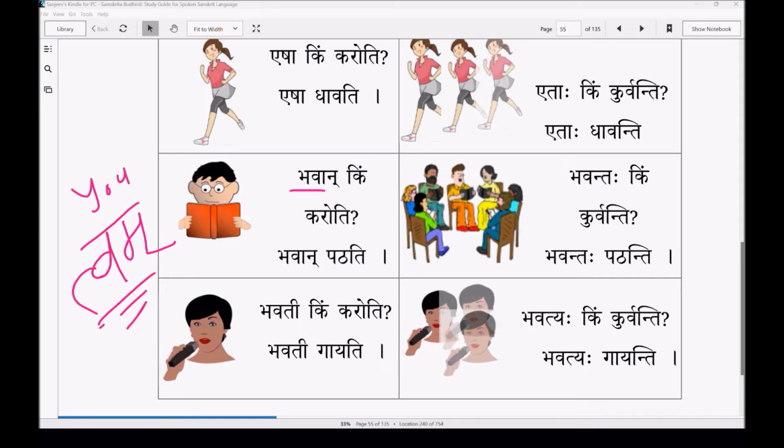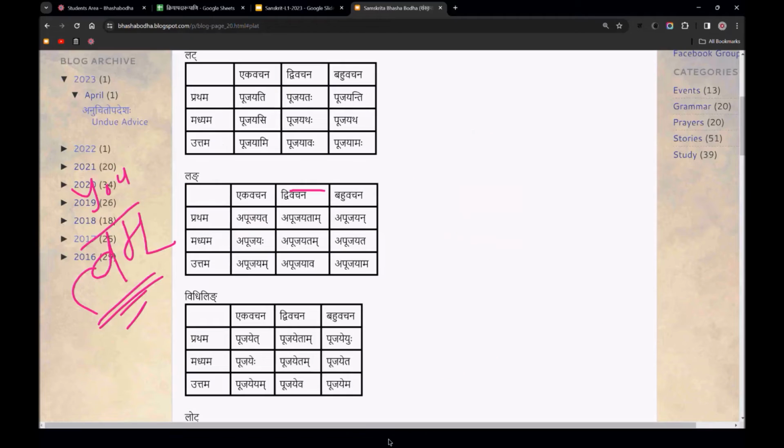If we use tvam, then we must use the Madhyama Purusha form. This Madhyama Purusha form. Okay? Tvam pujayasi means you are worshipping. So that is tvam pujayasi, if you use the word tvam.